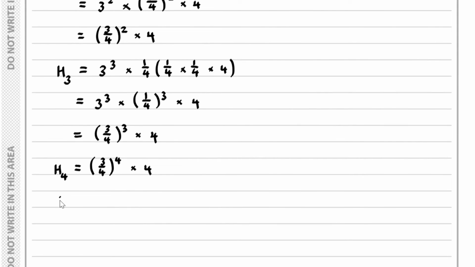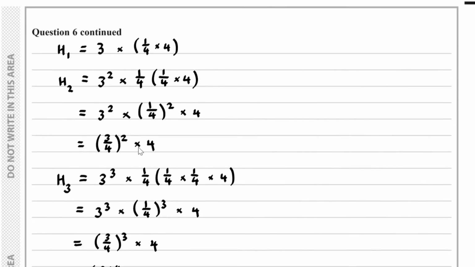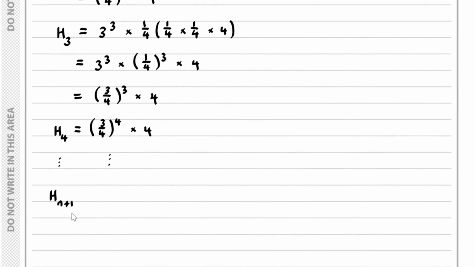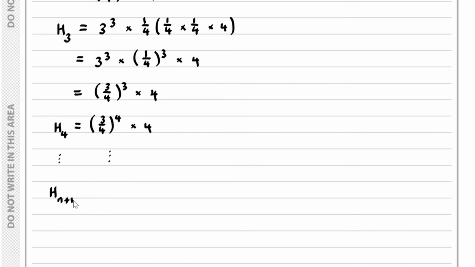And can we generalize this? Well, let's generalize for hn plus 1. Now, why hn plus 1? Well, for the slopes, we considered Sn plus 1, so it would make sense for us to have hn plus 1. And you'll notice the 4 here matches with the 4 here, the 3 here matches with the 3 here, and so on and so forth.